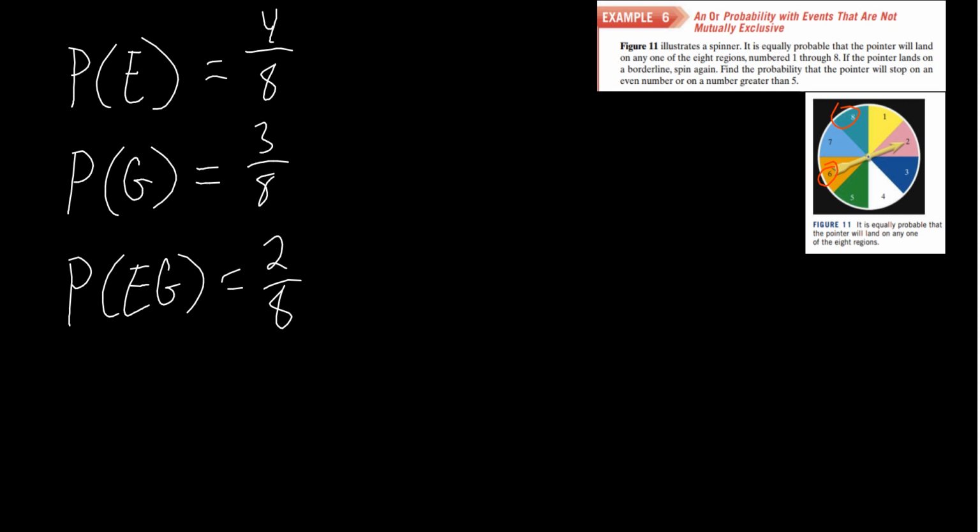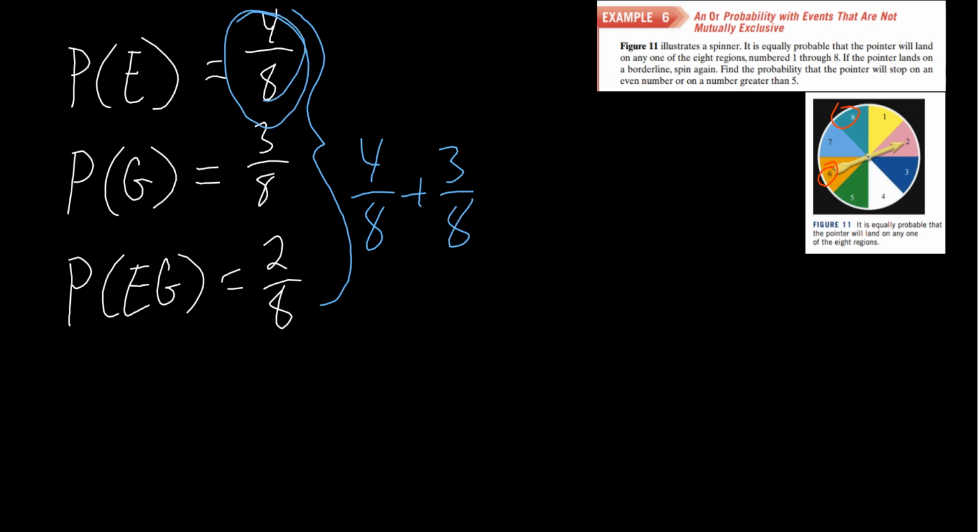So what we're going to have to do here is take these numbers. So 4/8 plus 3/8. Okay, and again, that is the probability of it being even plus the probability that we are greater than 5. But we're also going to have to subtract that intersection over here, the 2 numbers that are both greater than 5 and even.